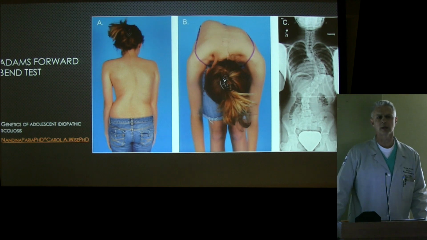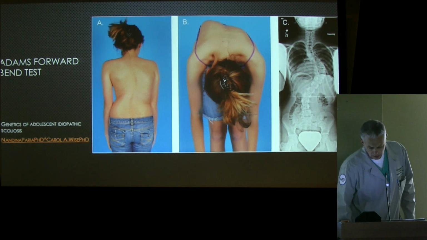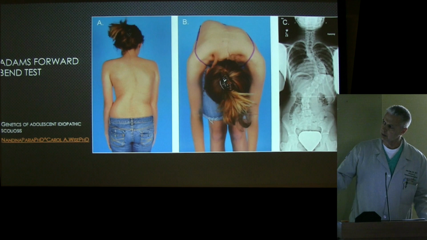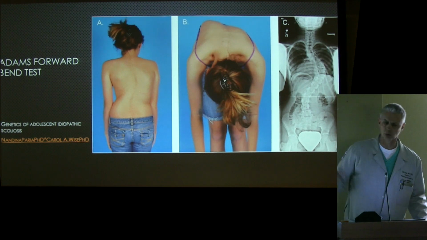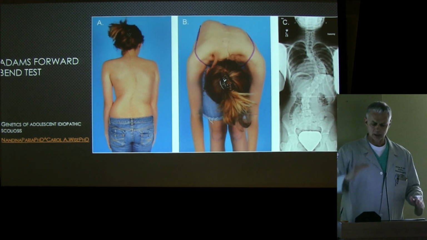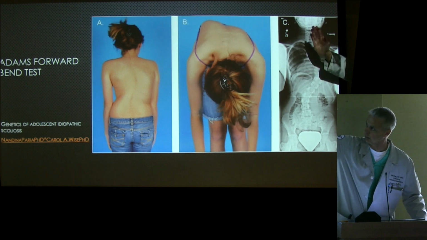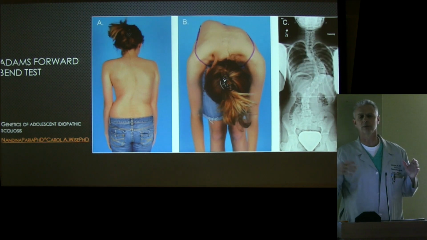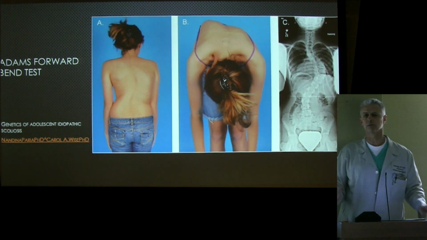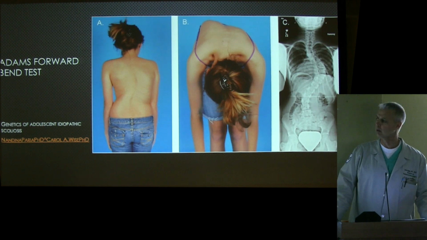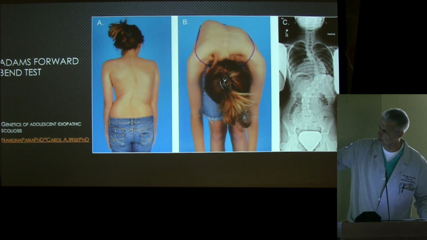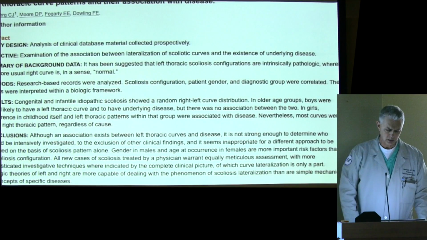Scoliosis, this is the Adams forward bend test. If your doctor asks you to bend forward, this is the reason why, and the pediatricians will put what's called a scoliometer on your back and measure that angle that we see in the middle picture. If it's over 7 degrees, at that point the patient is sent for ortho spine referral. And this is typically what the x-ray looks like.